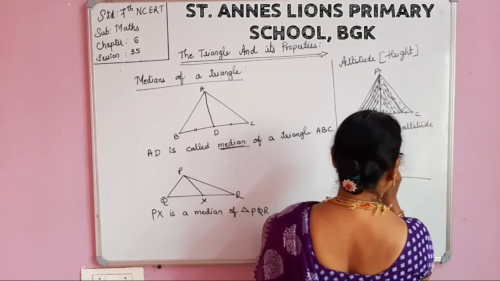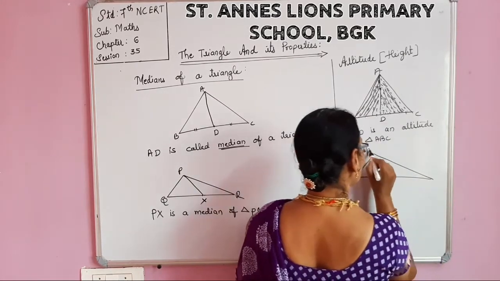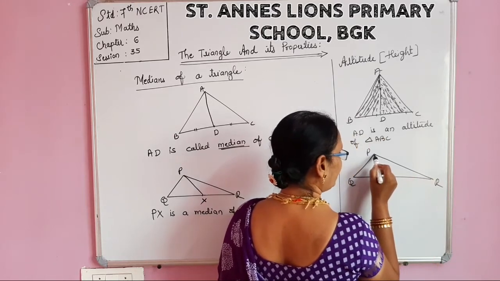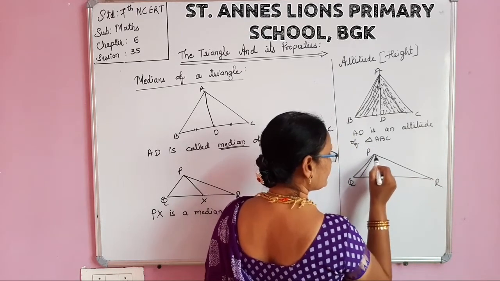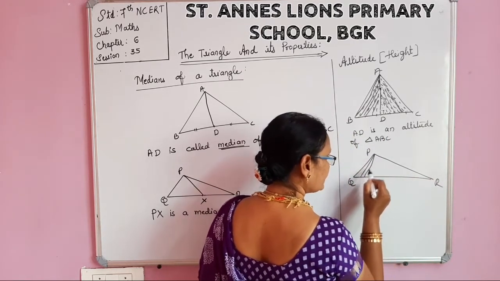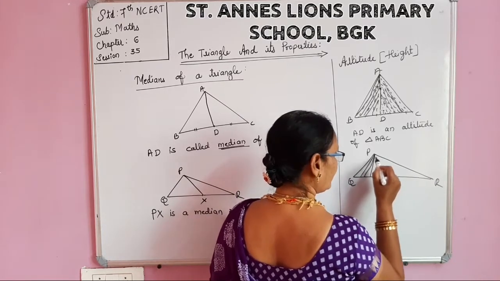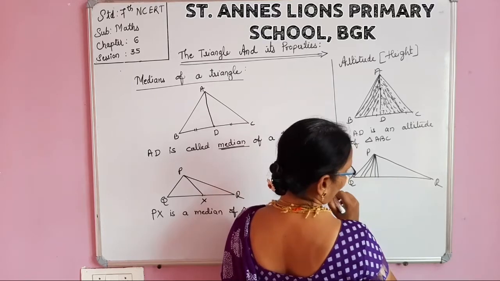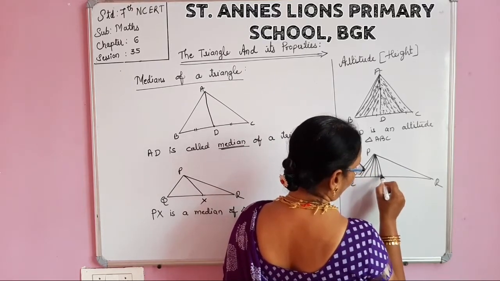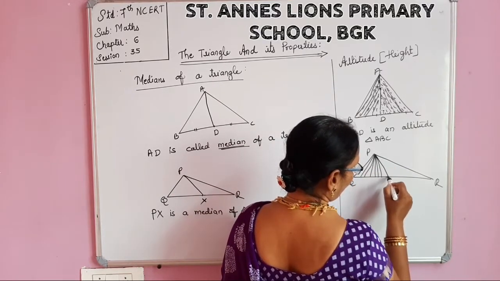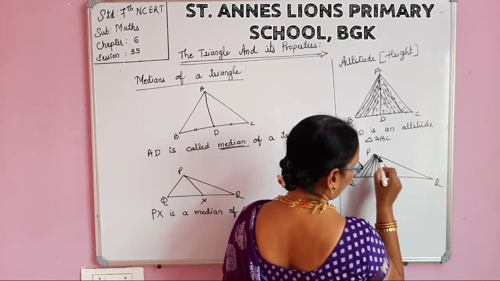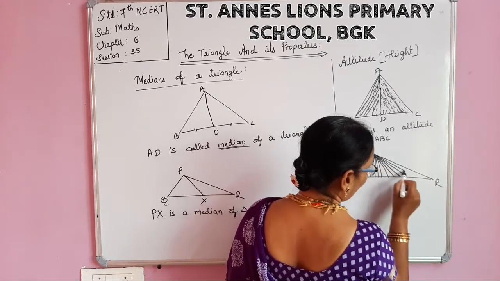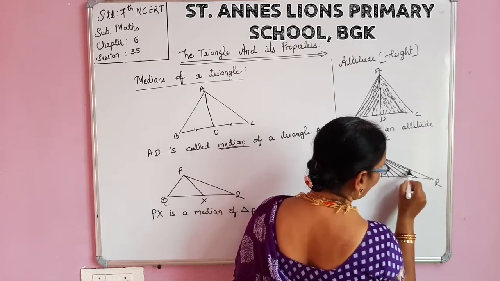See, this is PQR. Now if you join the lines like this, this is not 90 degrees, this is not 90 degrees, this is not 90 degrees, this is 90 degrees. All the others are slanting.